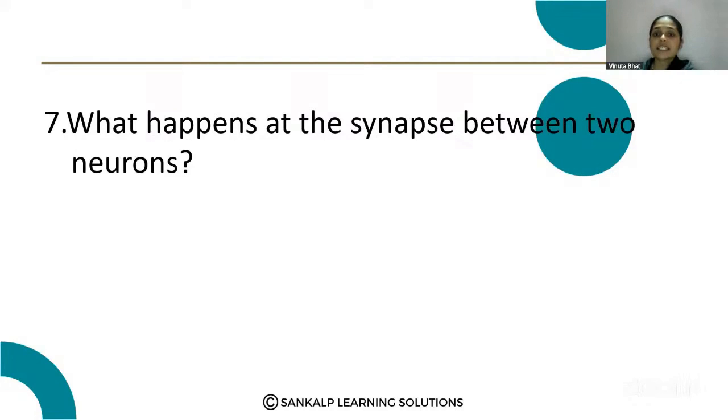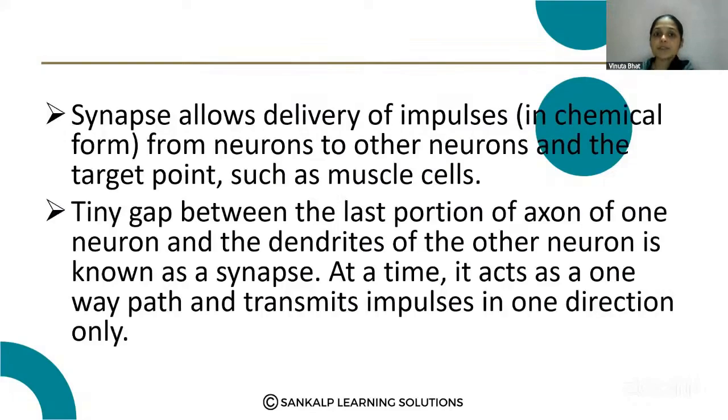What happens at the synapse between two neurons? Let's read the question. The synapse allows the delivery of impulses in a chemical form. The impulses are transmitted in chemical form from neurons to other neurons and to target points such as muscle cells.